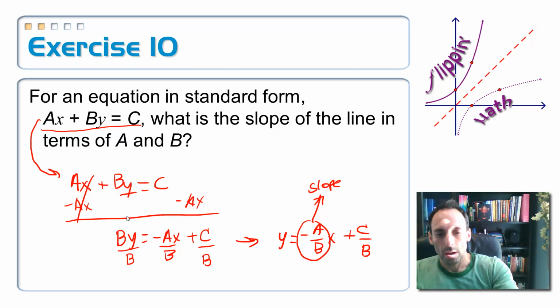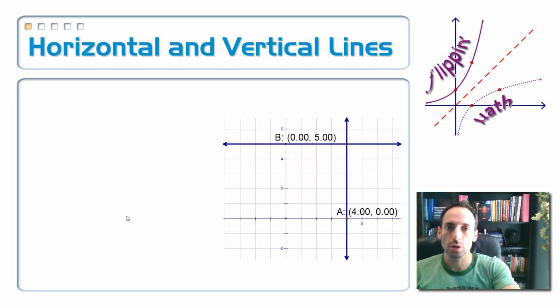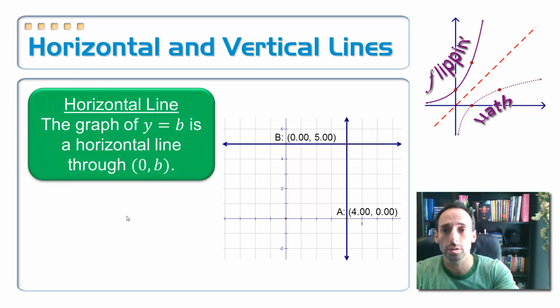Okay? Alright, so the last thing on here is actually horizontal and vertical lines. These are pretty simple, okay? So first of all, let's do the horizontal line. If it's a horizontal line, the slope is 0. M is 0 times x, it disappears, and all you have is y equals b, the y-intercept.